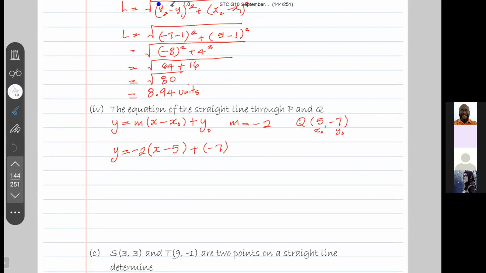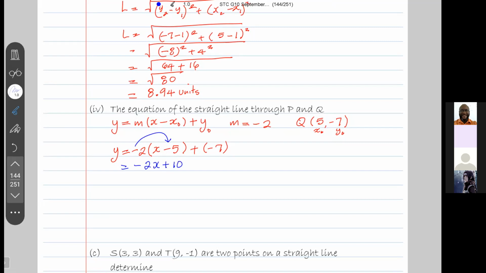I'm going to remove the bracket by applying the distributive law. Distributive law says whatever is in the bracket is multiplied by what is immediately outside the bracket. Now, -2 times x is -2x. -2 times -5 is +10.